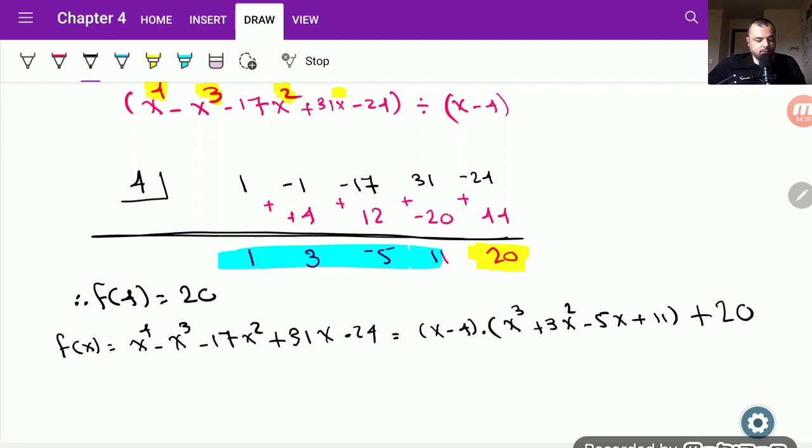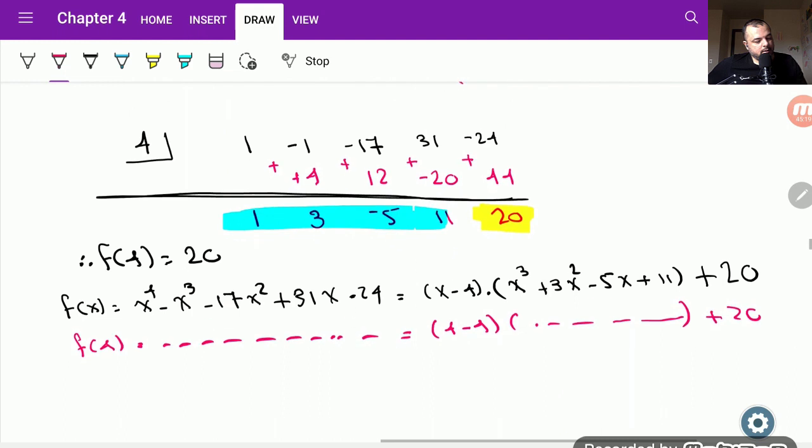We know this, right? Now plug 4. Someone's going to say, okay, it's easy for me to plug 4 into f of x, then you get the answer. Yeah, that's fine, but there's another way to find it. If you plug in f of 4 here, 4 minus 4, you plug it here, we don't care, plus 20. This one, if you don't have a calculator, it's going to take time to calculate.